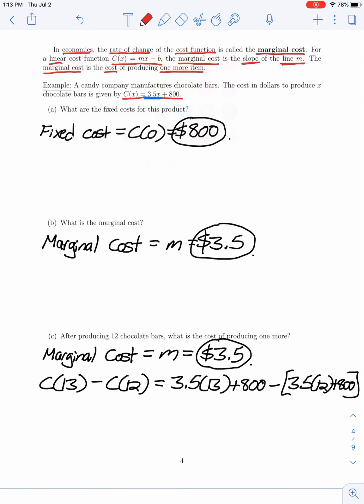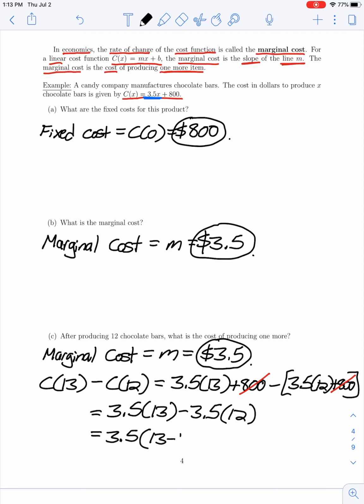So when we subtract these quantities, our 800 and minus 800 cancel, and we're left with 3.5 times 13 minus 3.5 times 12. So if we factor out a 3.5 from each term, we're left with 13 minus 12, or 1 times 3.5, which is that slope 3.5.